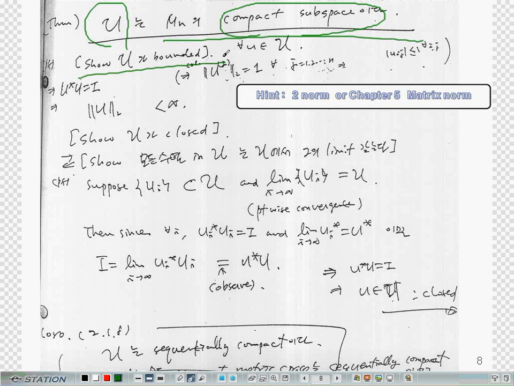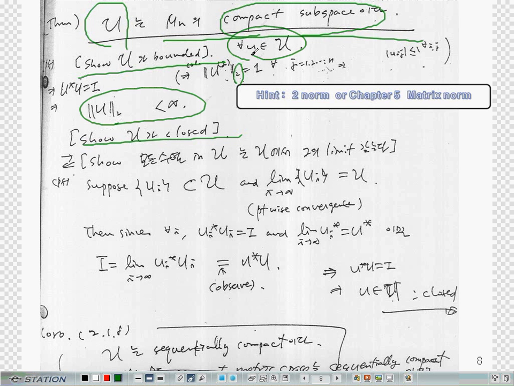Because we can show this subspace is bounded and is closed by using the matrix 2 norm that we just defined from the vector norm.